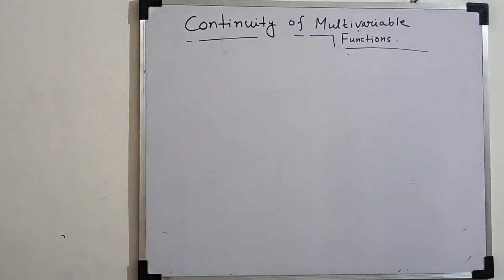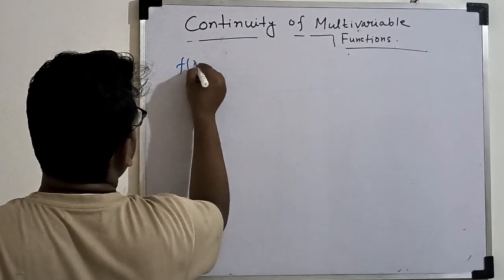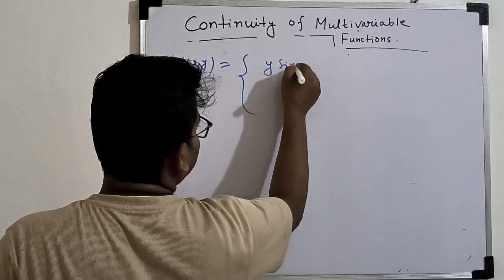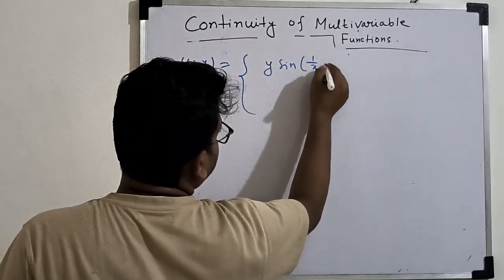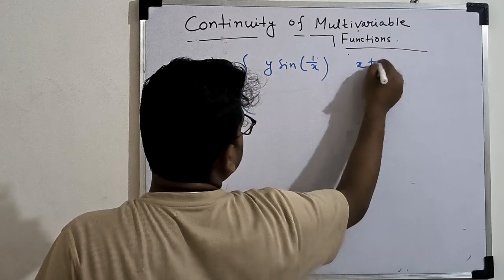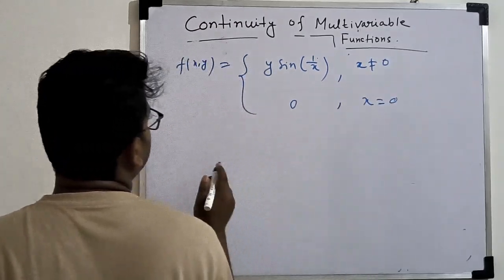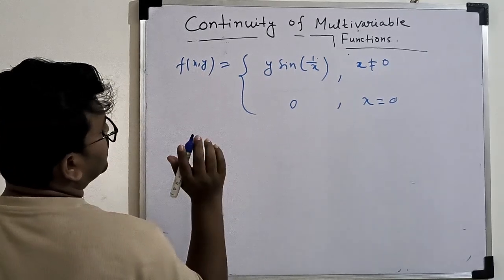One last example: f(x,y) equals y sin(1/x) when x is not equal to 0, and 0 when x equals 0. We have to show that this is continuous.